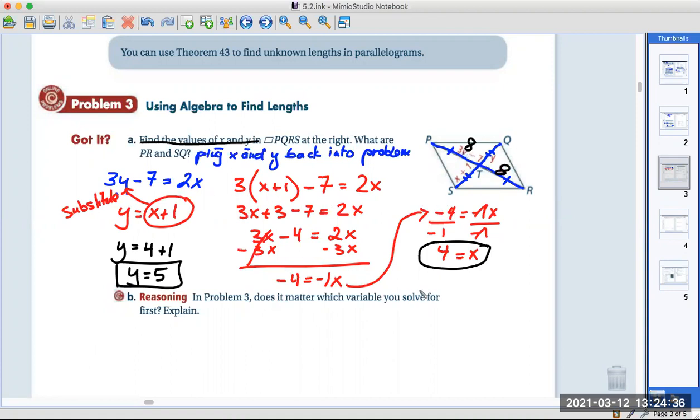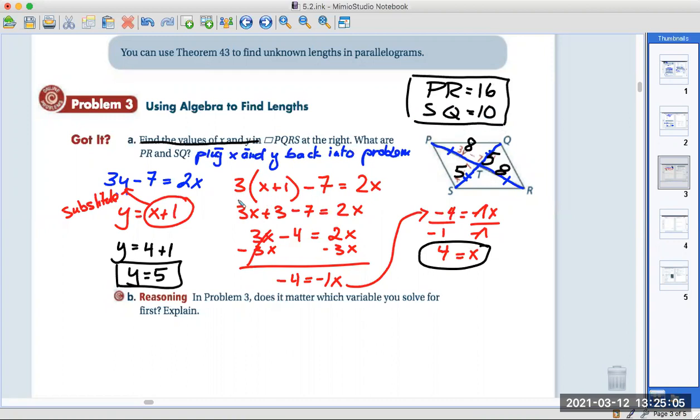So PR, the whole thing, PR from here to here is 16. 8 plus 8. And SQ, so we have to plug in x plus 1. 4 plus 1 is 5. And let me guess, this got to be 5 too. So it's 10.